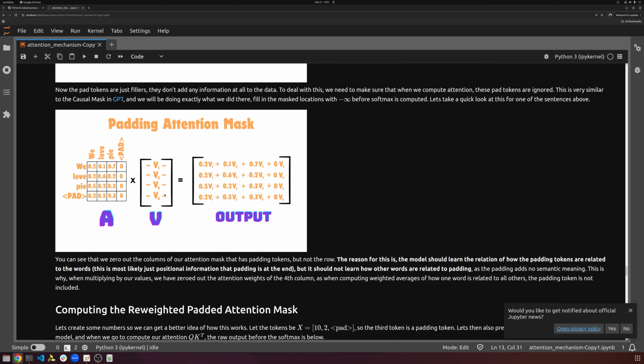V4 is the fourth token's projection in our model. Notice that we always zero out the V4 column. So V4 never has an effect on how words are related to other words. And this is how we will be doing our padding token. It's really just as simple as that. We need to zero out the column corresponding to that.